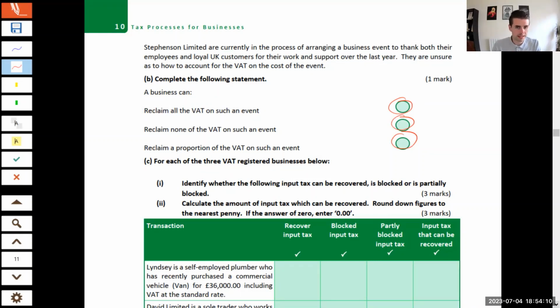Just make sure that, yet again, you are comfortable with knowing what can be recoverable and what isn't, okay? Because when we're looking at these, you are able to proportion this one, okay?